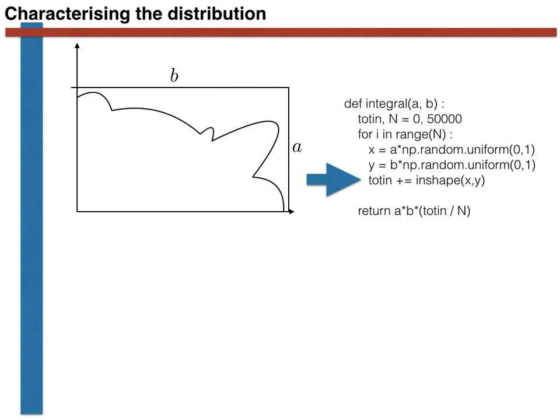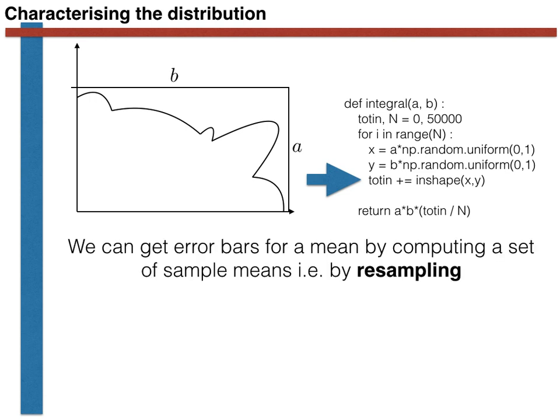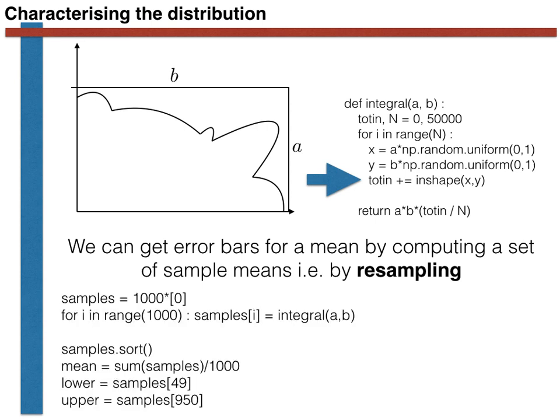During the last task, we acknowledged that the estimate of the integral that we obtain by applying the method shown here is a sample from a random variable. We thus asserted that as well as quoting a value for the integral, we should also endeavour to characterize the distribution from which the value for the integral we obtained was sampled. With this in mind, we therefore wrote Python code to run the function shown here that computes the integral multiple times.